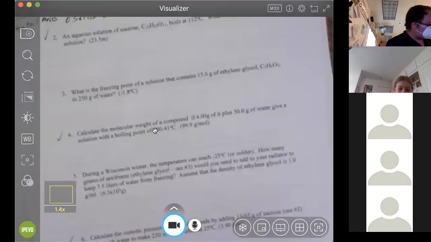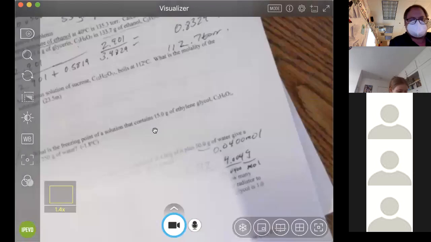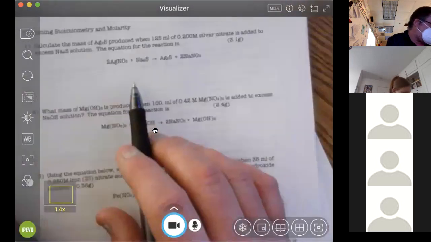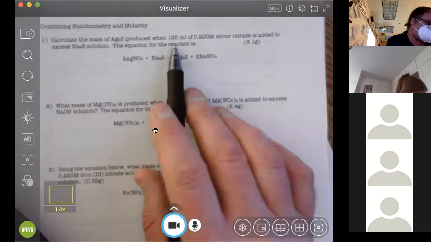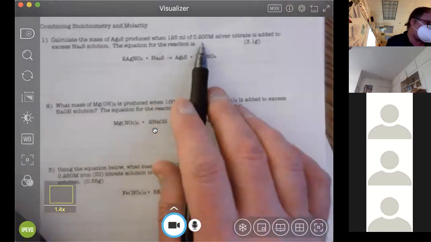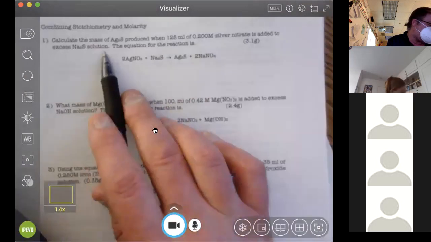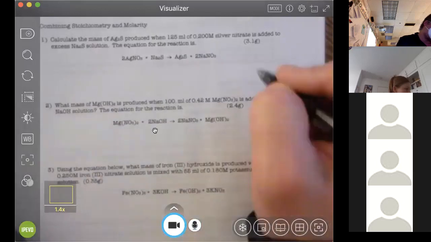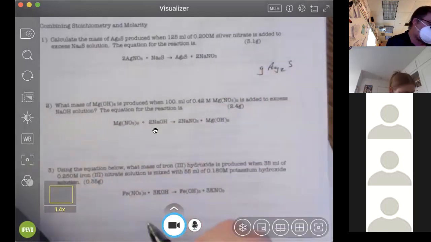Okay, so let's try one of these combining stoichiometry and molarity problems. It says calculate the mass of silver sulfide produced when 125 milliliters of 0.200 molar silver nitrate is added to excess sodium sulfide. The equation is this. We want grams of silver sulfide in the end.